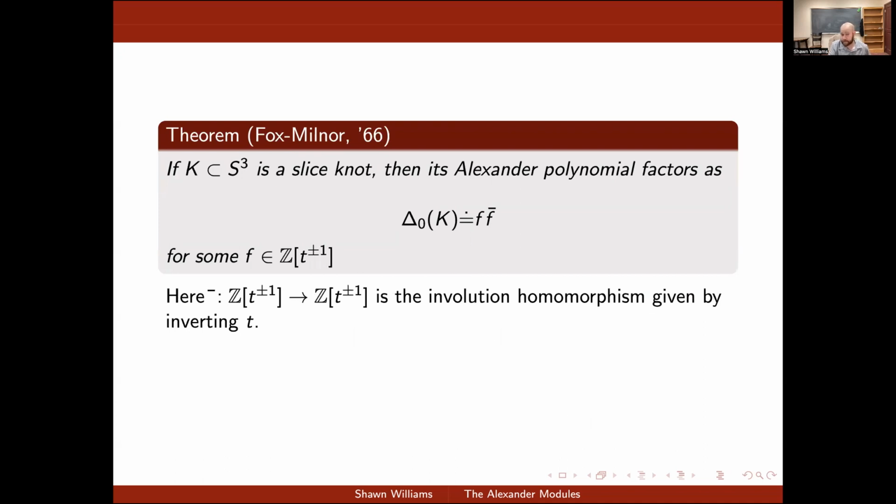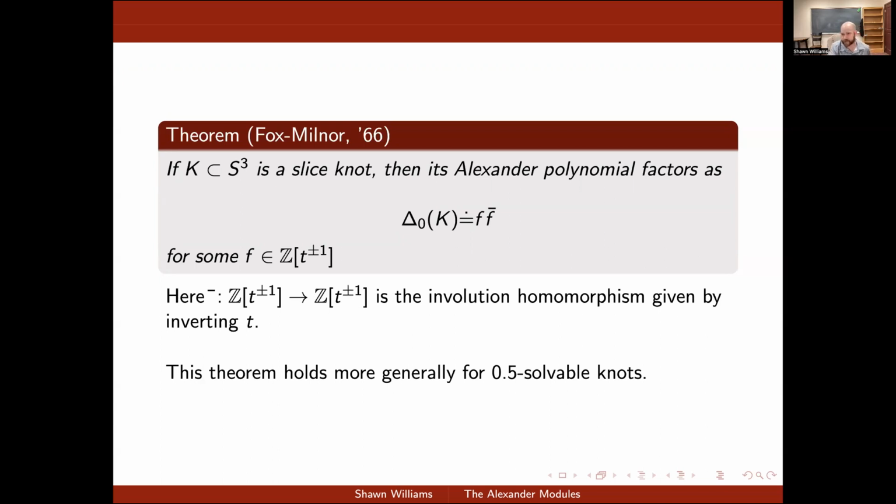Here, what that bar means is an involution on our integral Laurent polynomial ring that is given just by inverting the element t. So we can think about this as f of t times f of t inverse, which is probably the way you're accustomed to seeing it. Fox and Milnor proved this for slice knots, but this holds more generally for 0.5 solvable knots.